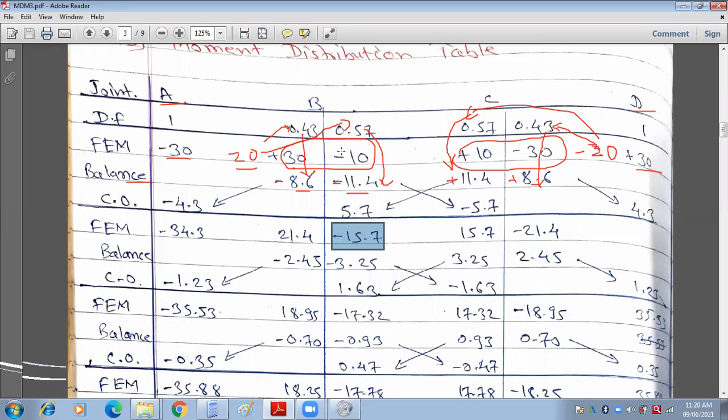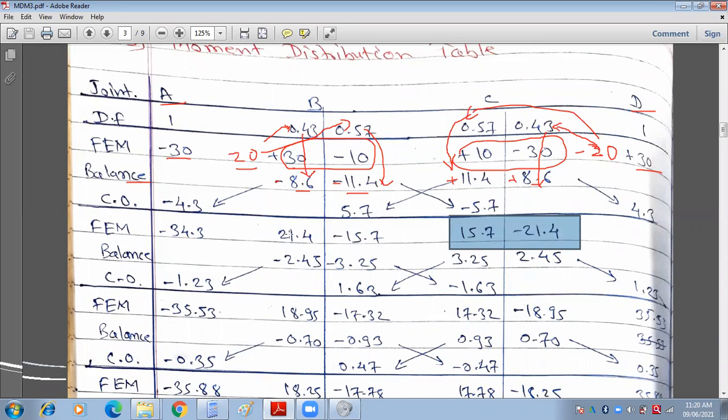As we know, here minus is there, here plus, here minus, so whatever value we get over here, the same value with the opposite sign will be there: 15.7 plus. Similarly, this one is plus 21.4, this one will be minus 21.4. Once you have made this calculation, again we have to check whether these moments are balanced or not.